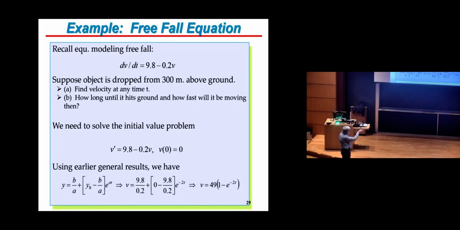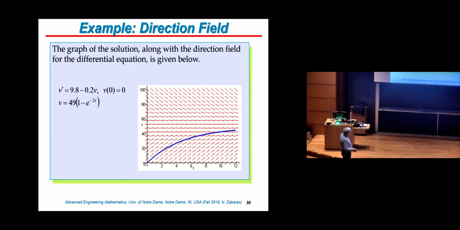You can put v to be ds over dt and solve also for the displacement. But right now, I'm just showing you the direction field using only the velocity and a particular solution where you start with a zero initial velocity at time 0.